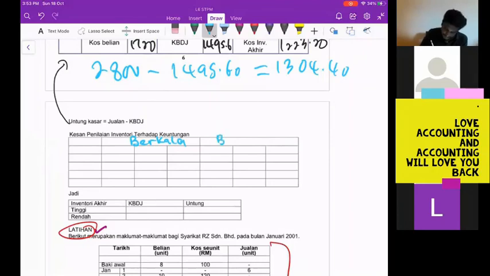This is the berterusan. Berkala kita ada MDKD, MKKD, purata wajaran.